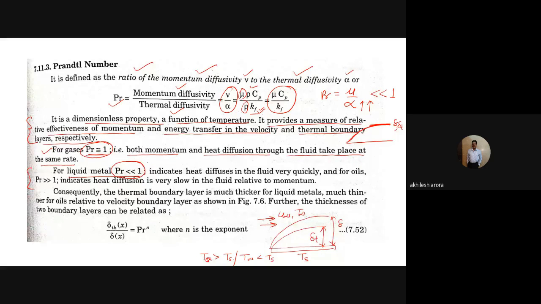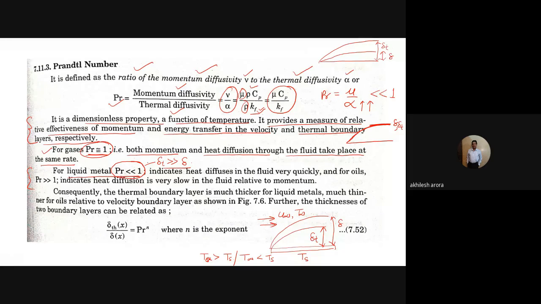It means the heat transfer into the fluid will be at a large rate. In that case, this is the value of delta, and this is delta T, meaning the thermal boundary layer will be thicker in comparison to the velocity boundary layer. So delta T is large in comparison to delta.